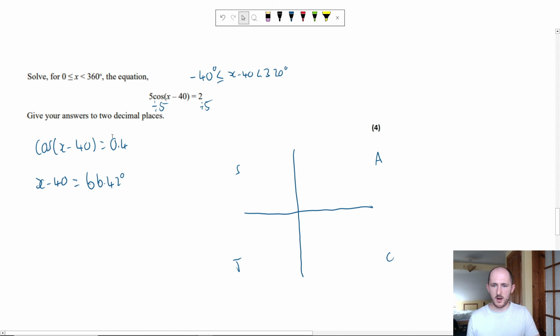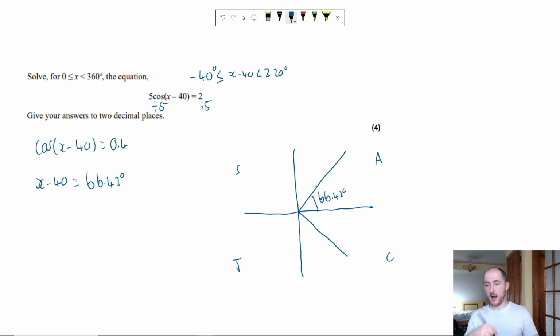Again, the right hand side is positive, so we're going to draw a line in both positive quadrants for cos, which is of course A and C. My angle is positive, so we're going to draw it counterclockwise, so 66.42.